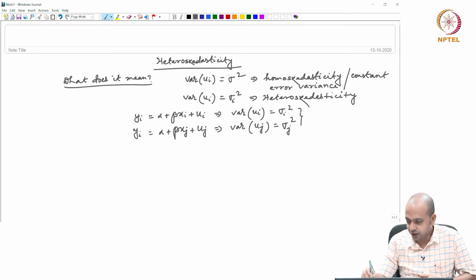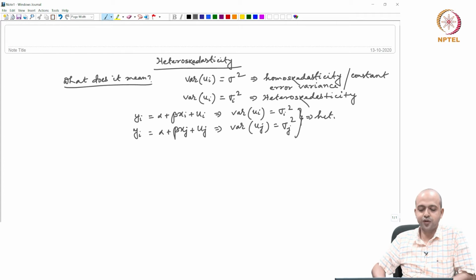And that is actually called heteroscedasticity. Okay, that is the meaning.